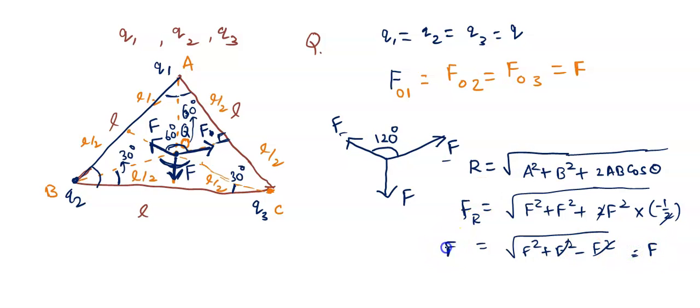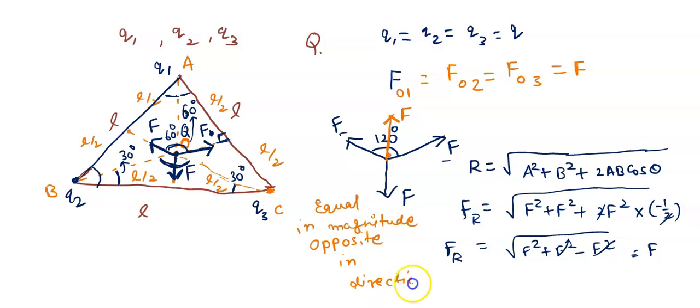Under the symmetric situation, the resultant of these two forces will be acting exactly opposite to this downward force. This force is F and this force is also F. These two forces are acting opposite to each other, and they are equal in magnitude but opposite in direction.